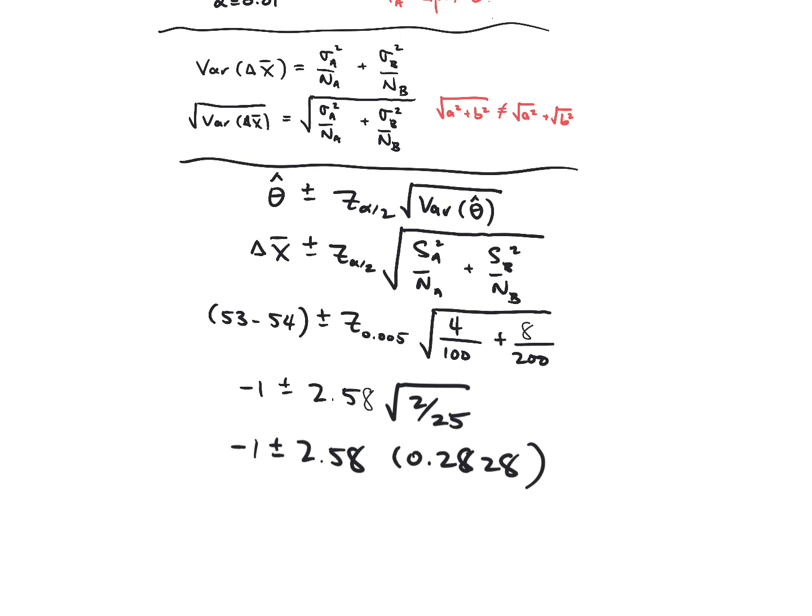So -1 plus or minus 0.7297. And then we check, is the hypothesized value, a difference of 0, inside that confidence interval? Is it?